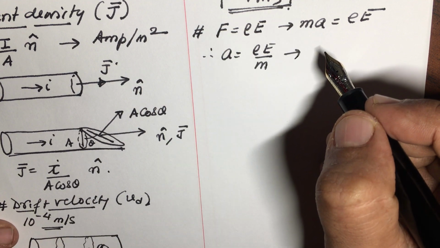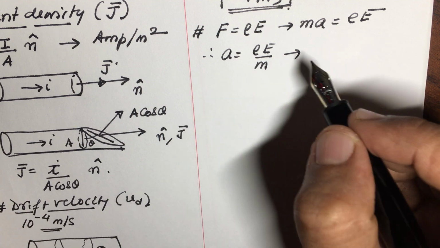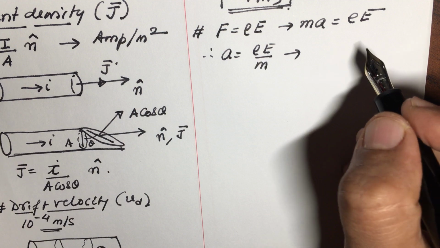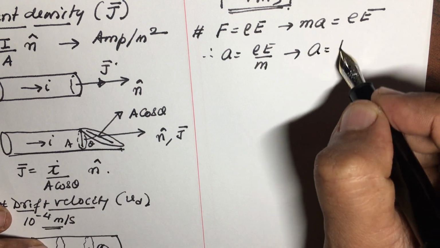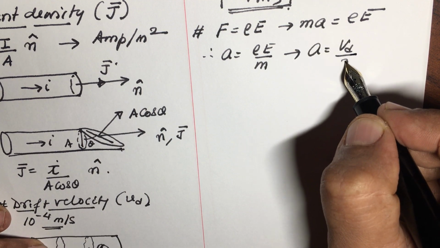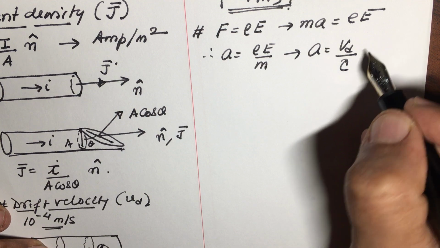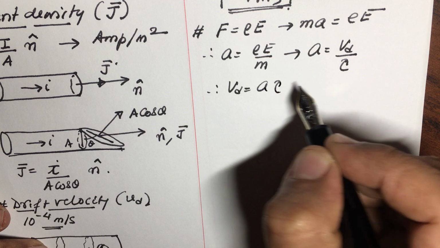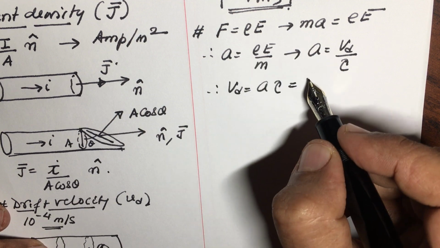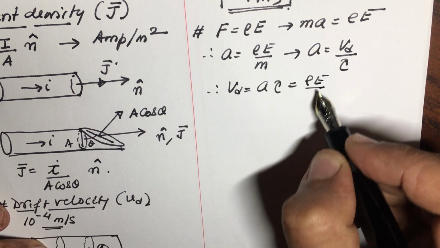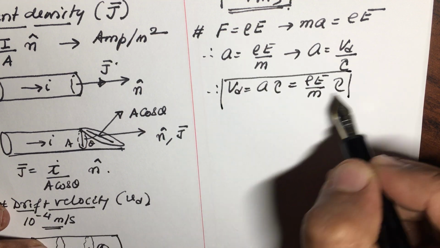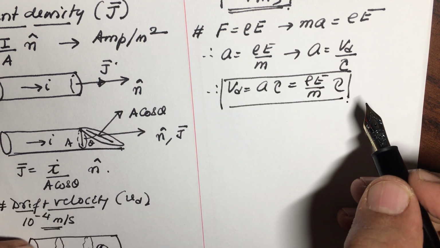Now we are talking about charged particles moving and giving rise to the current. The speed with which it is moving is the drift velocity. So the acceleration will be Vd by the time, that is the relaxation time. So Vd will be a into tau. A is this, so it will be eE tau by m. So that gives you an expression for drift velocity.